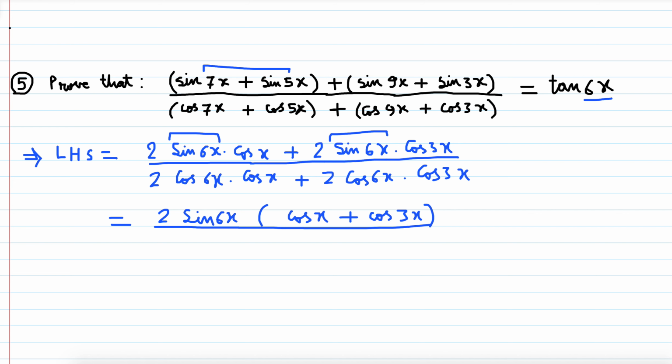In the denominator, 2 times cos 6x is common, so we will take that common, and we are left with cos x plus cos 3x.